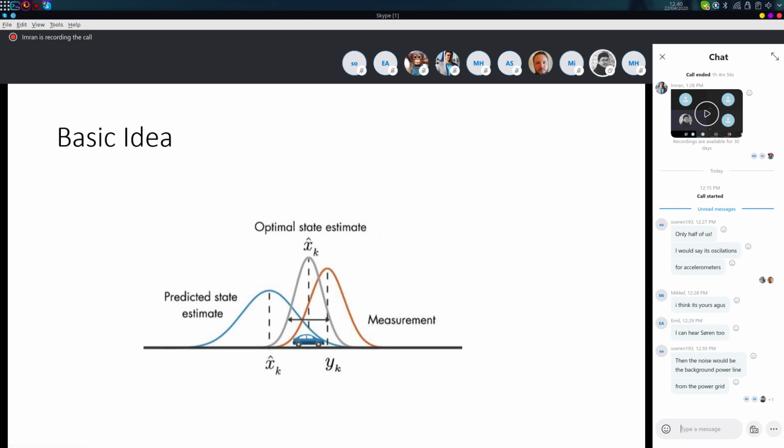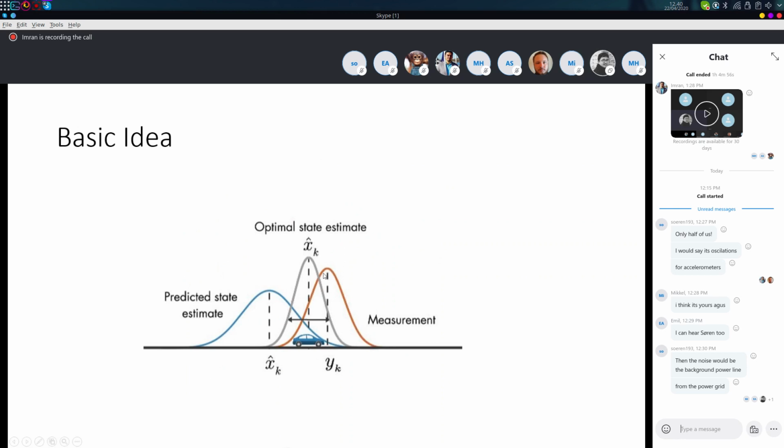And then you also have some GPS. This is the brown one, a measurement from your GPS. Or maybe this IMU, let's say IMU, because IMU has quite a lot of Gaussian noise compared to GPS.